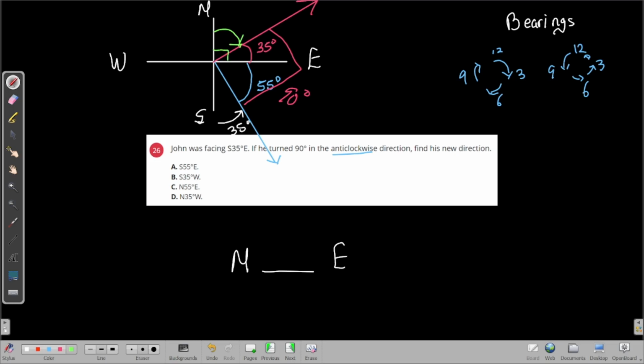If this place is 90 degrees and this one here is 35, so that will be what? 90 minus 35. So that's north 55 degrees east. Option C.